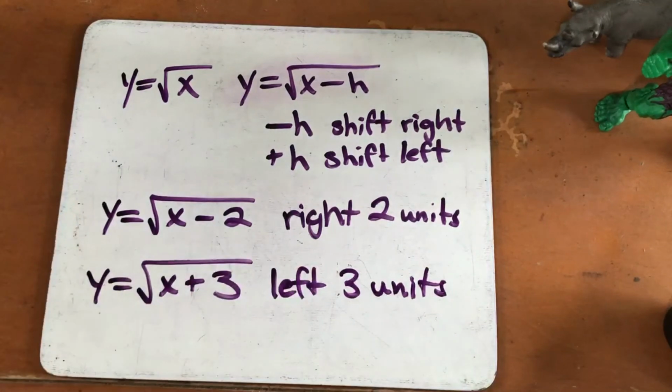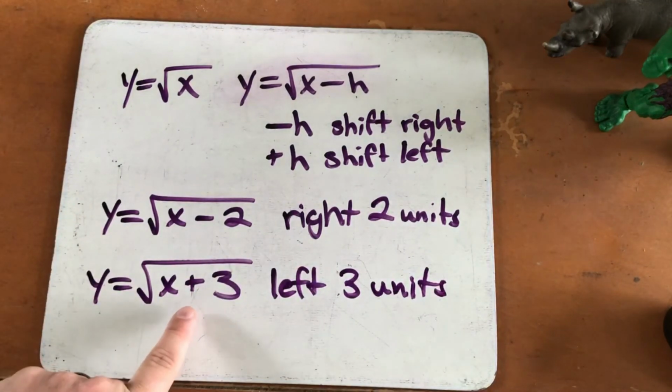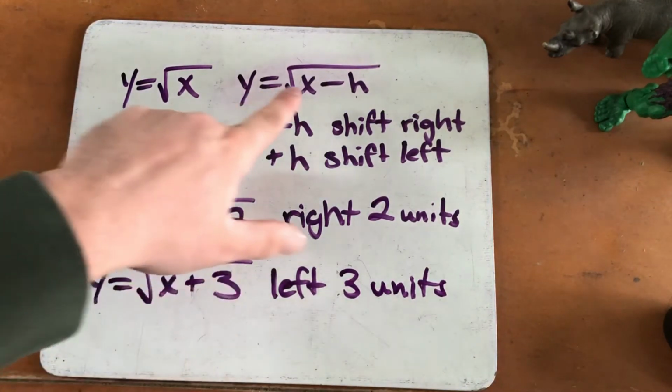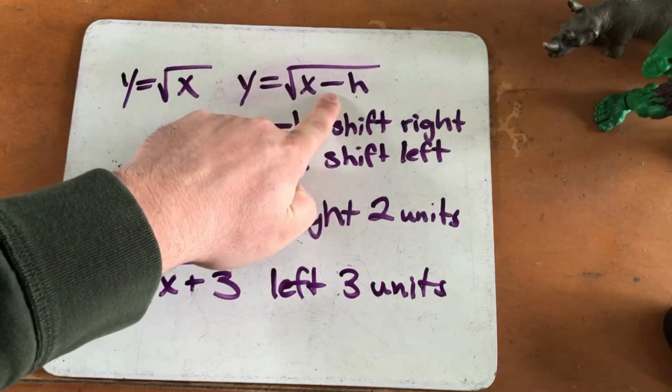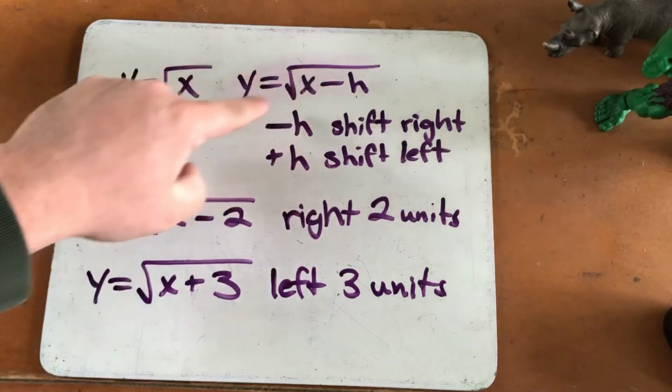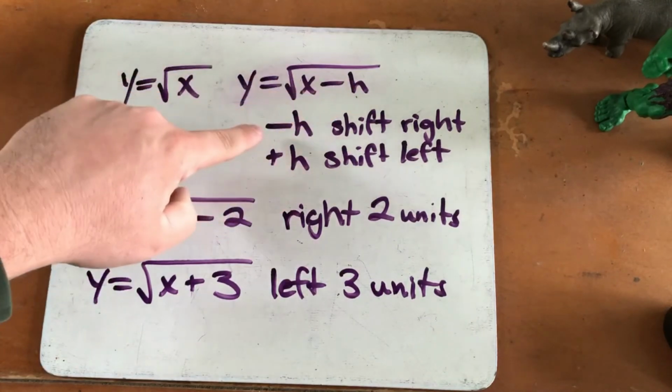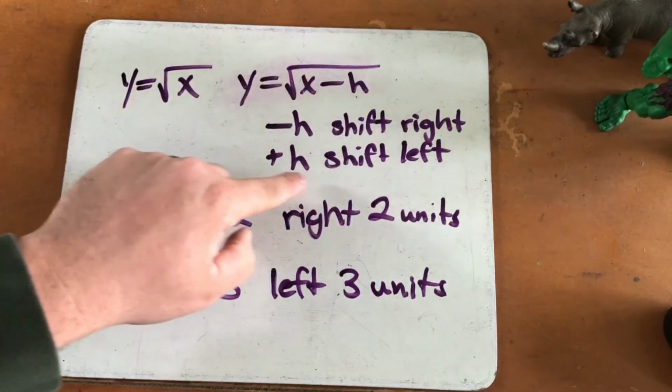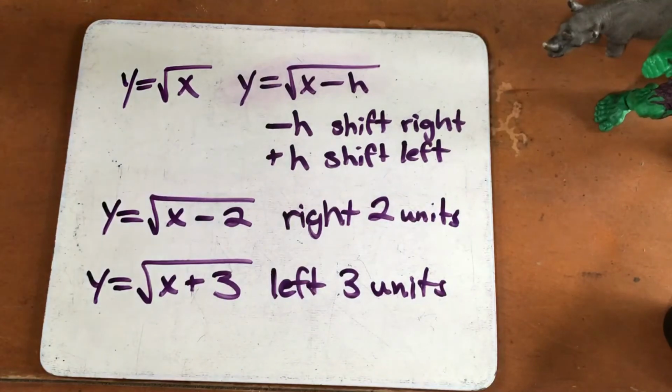In this case, it would be 3 units. So understand that we're going the opposite direction of what it looks like it should go. If it says x minus h, we're shifting to the right; plus h, we are shifting to the left.